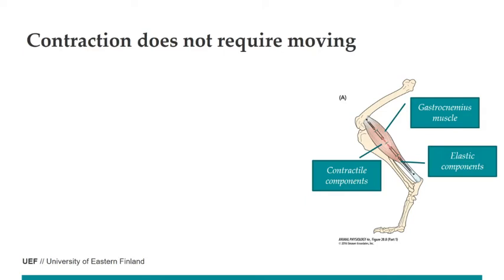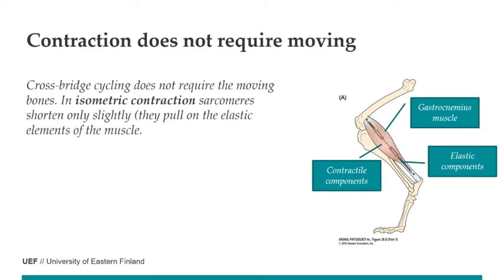You feel that these muscles are a little bit hard, so they are contracting, and in the middle there's this contractile component, and that stretches the elastic components. This kind of contraction is called isometric contraction. So these sarcomeres are shortening slightly, and they pull the elastic elements of the muscle. But because the elastic elements are pulling, they are fighting back passively. So the whole muscle is not moving at all.